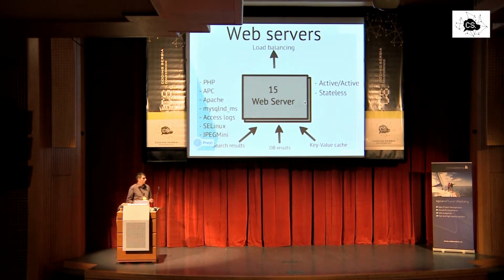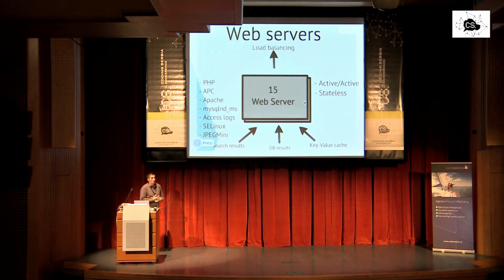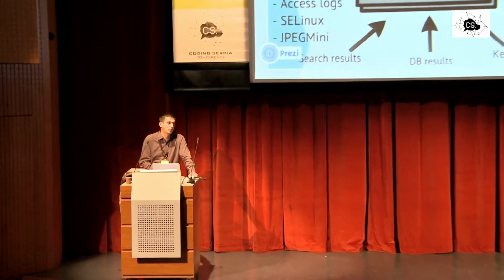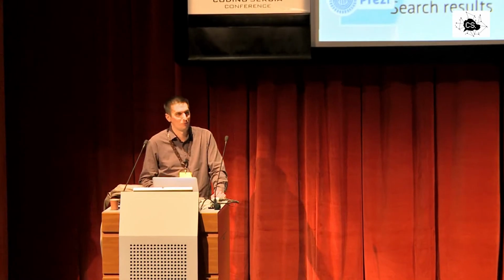We are using JPEG Mini, which is also maybe interesting to know. JPEG Mini is a third-party service that we are licensing, that compresses JPEG images by up to 40 to 50% in size while retaining the quality, without losing any quality. The problem we had with JPEG Mini is that it's slow. It obviously does lots of computations. Its licensing model constantly phones home to confirm that it is licensed.